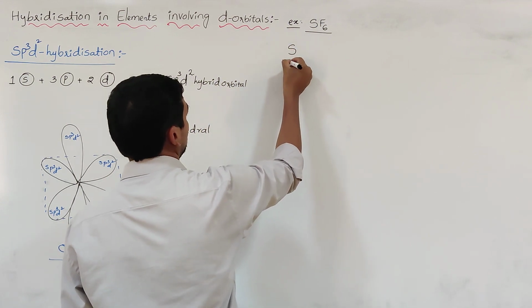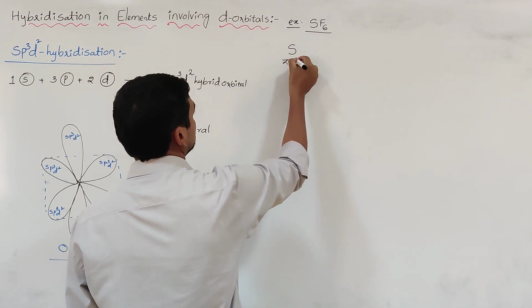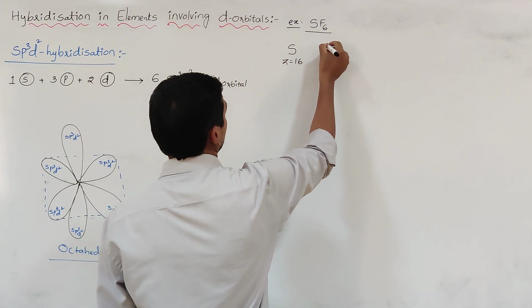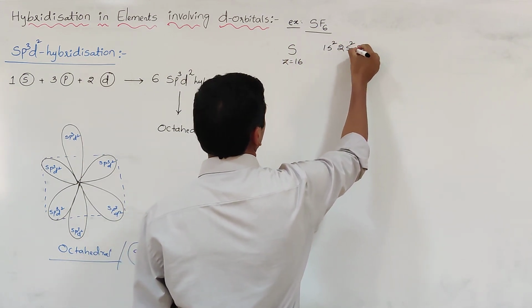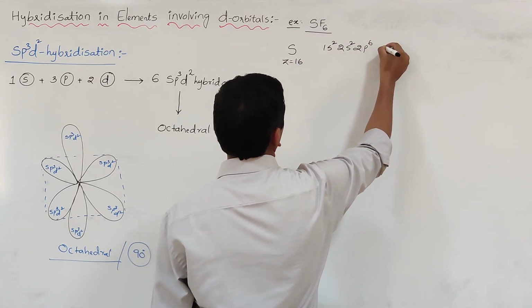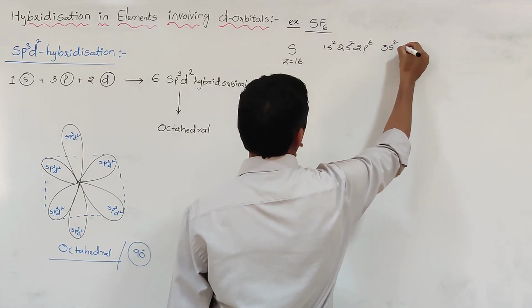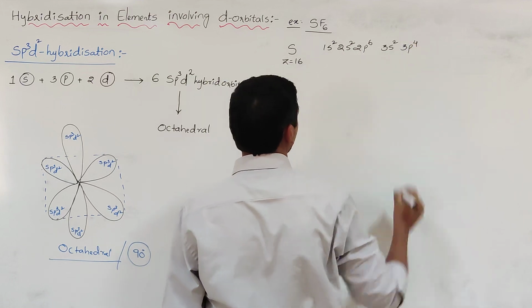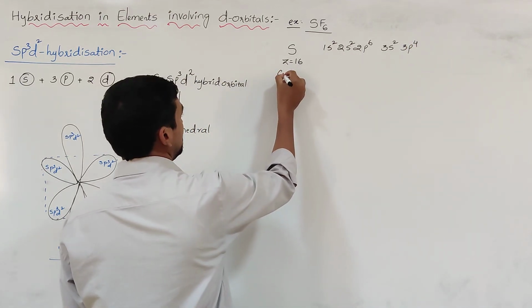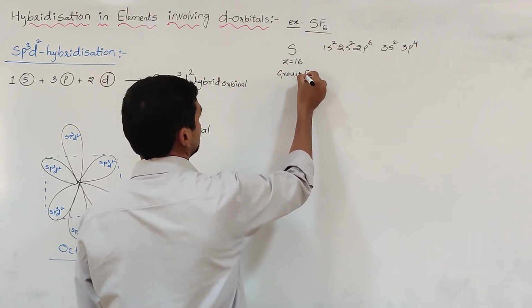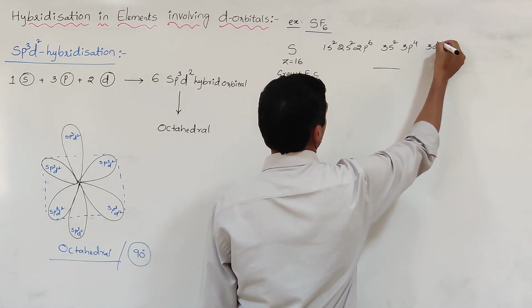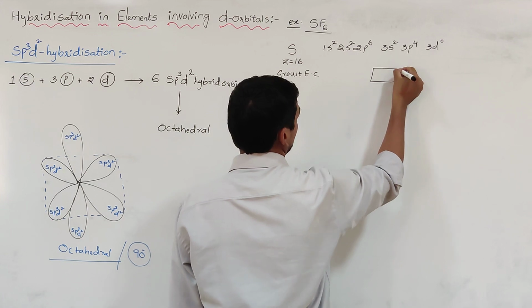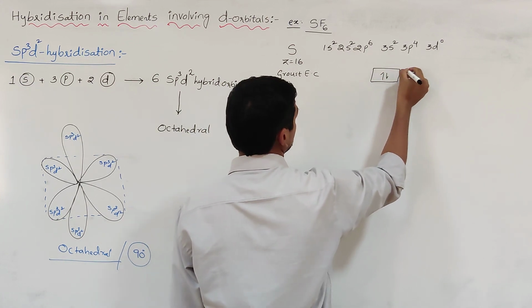Sulfur, Z is equal to 16. The electronic configuration is 1s2, 2s2, 2p6, 3s2, 3p4. In the ground state electronic configuration, the valence shell 3s orbital consists of 2 electrons.